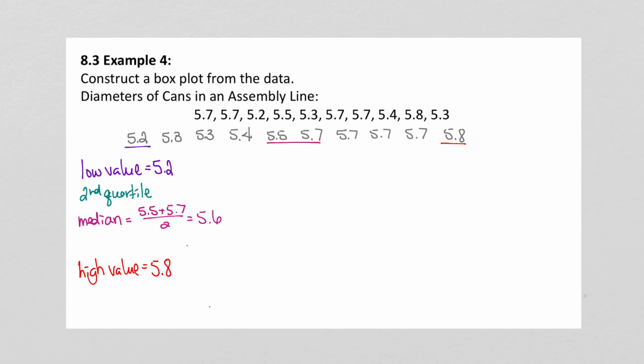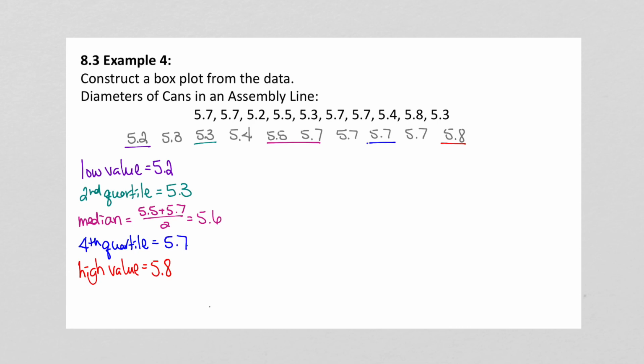Or the fourth quartile, actually. The third is the median. So the second quartile is halfway between our median and the low value. That would be 5.3. And the fourth quartile is halfway between the median and the high value, 5.7.